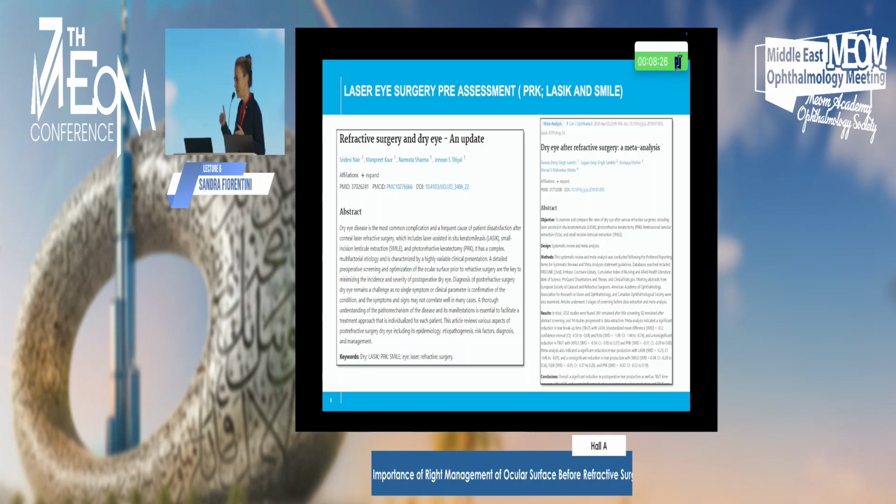So if we know that they are going to develop some degree of dry eyes, unpredictable by the way, certainly in the first 3 months, and long term we don't know, we need to minimize these dry eyes after surgery.